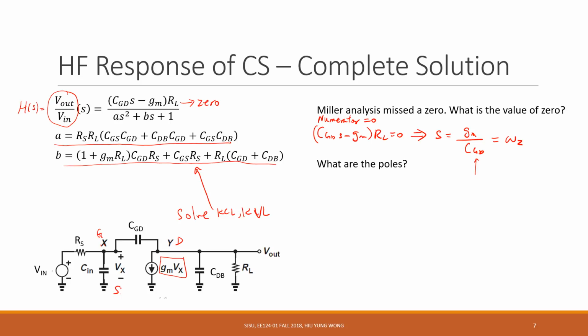This is a complete solution, right? So we just follow what we learned before. To find the poles, we need to set what to zero? Denominator, right? Which is as squared plus bs plus 1 equal to 0. How do you solve this?